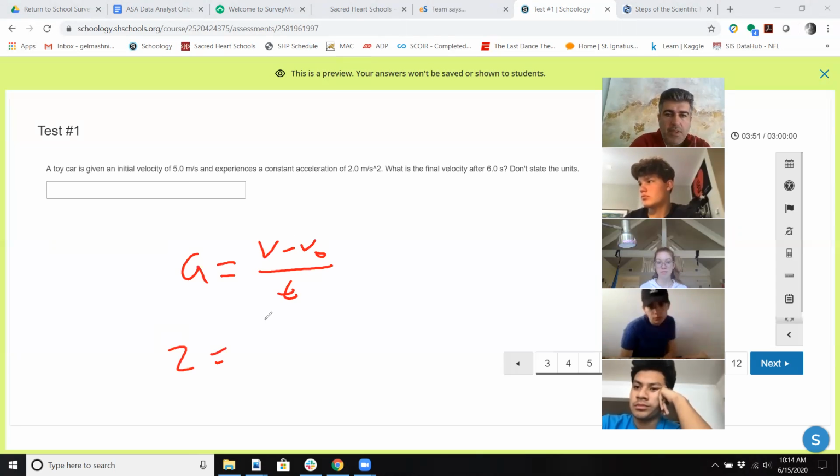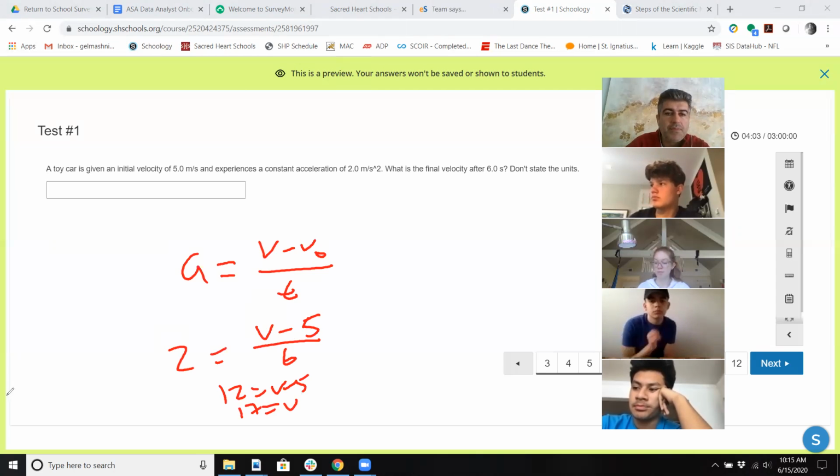The final velocity is what we want, the initial velocity is 5, and the time is 6. If you work it out, you should get 17 for that one. So that would be 17 there. Any questions about that problem? Oh, okay. We'll keep moving.